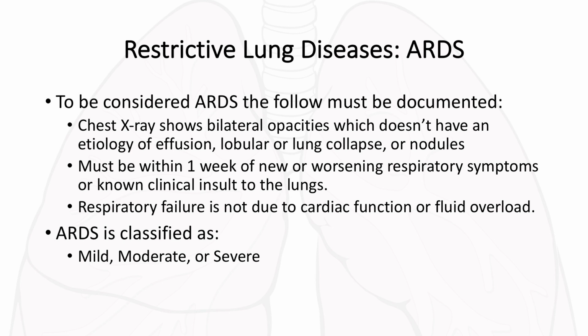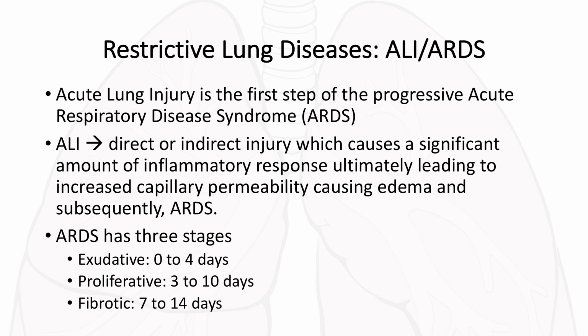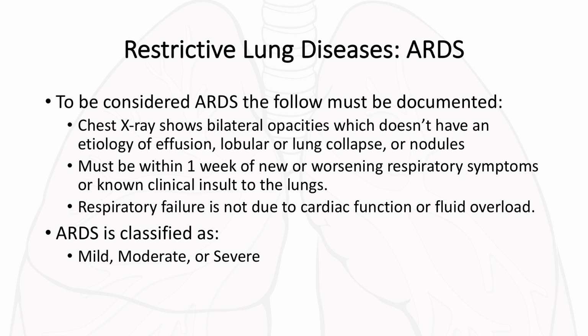So if we go back, you can see it has 3 stages, but it's classified differently. So 3 stages are exudative, proliferative, fibrotic, and then it can be classified as mild, moderate, or severe. So you can have mild exudative, mild proliferative, moderate proliferative, severe fibrotic, that sort of thing.